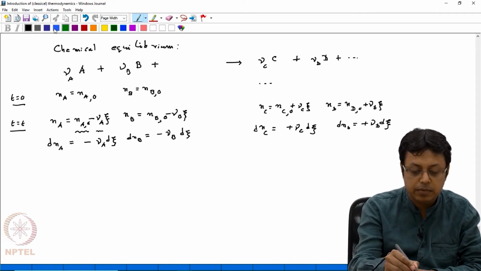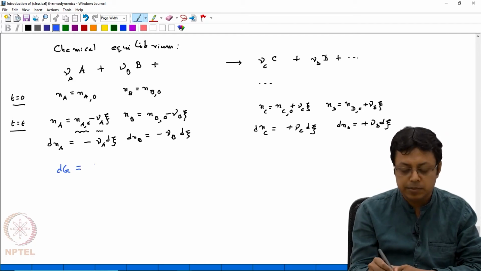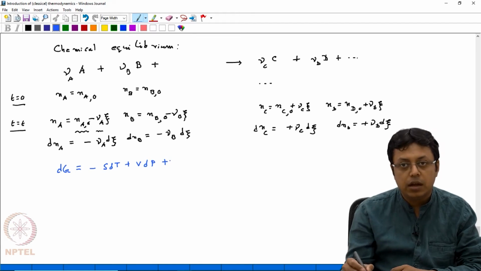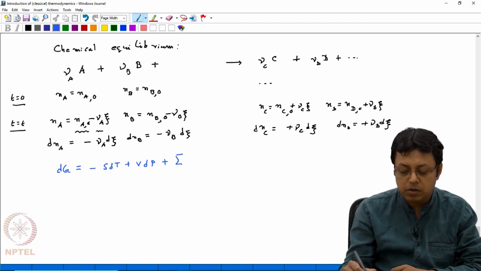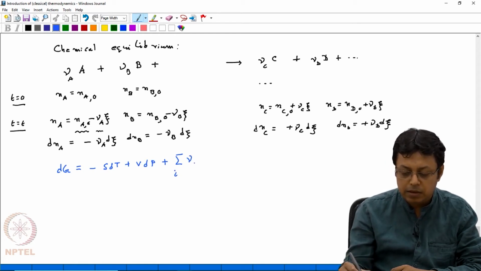Gibbs free energy? We know that for an open system, the Gibbs free energy change will be minus S dT plus V dP plus the change due to the moles of the constituents. Here the constituent I am writing as I, so I is basically A, B, C and D, and we have mu I dNi.